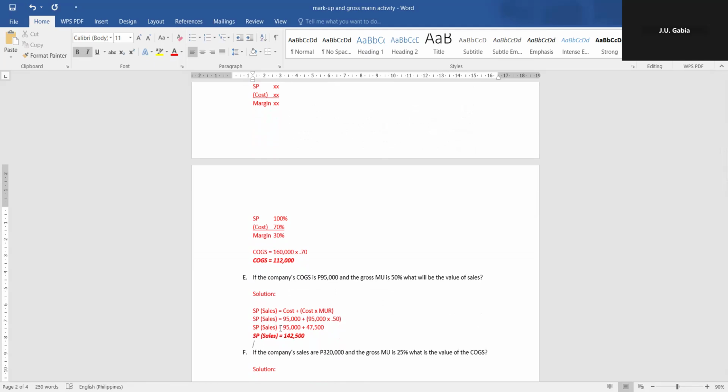And for letter E, you are asked for the value of the sale, or just say selling price. Here we are given the cost of goods sold of 95,000 and the gross markup of 50%. For this one, we are asked for the selling price. So the selling price is equal to cost plus cost multiplied by the markup rate.